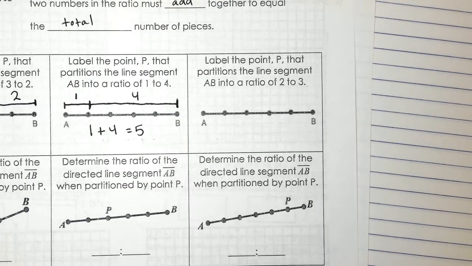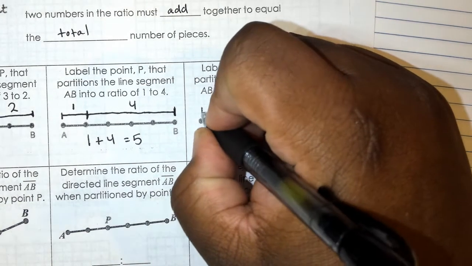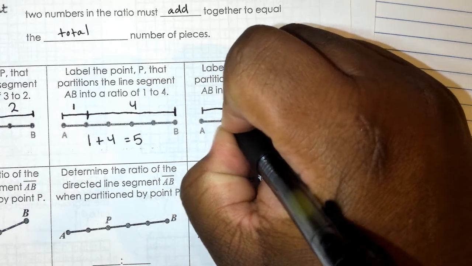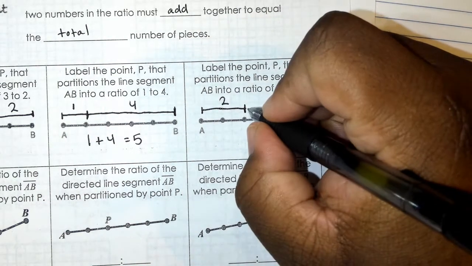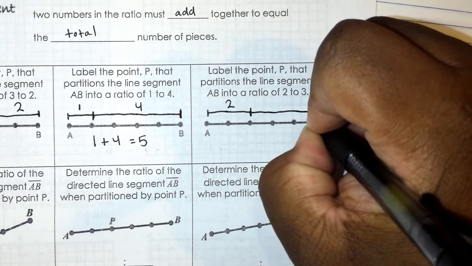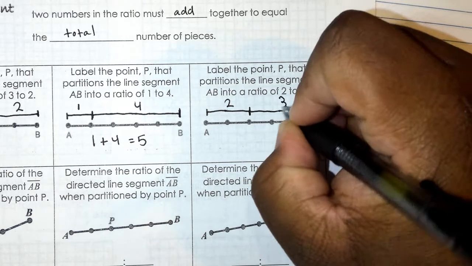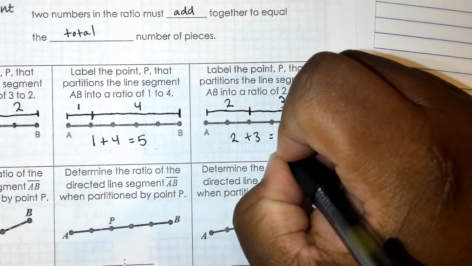Labeling point P. That partition is 2 to 3. So 1, 2, and this is from A to B. I keep saying from A to B because sometimes they will tell you from B to A and you have to go the opposite direction. 2 to 3, 5 segments.